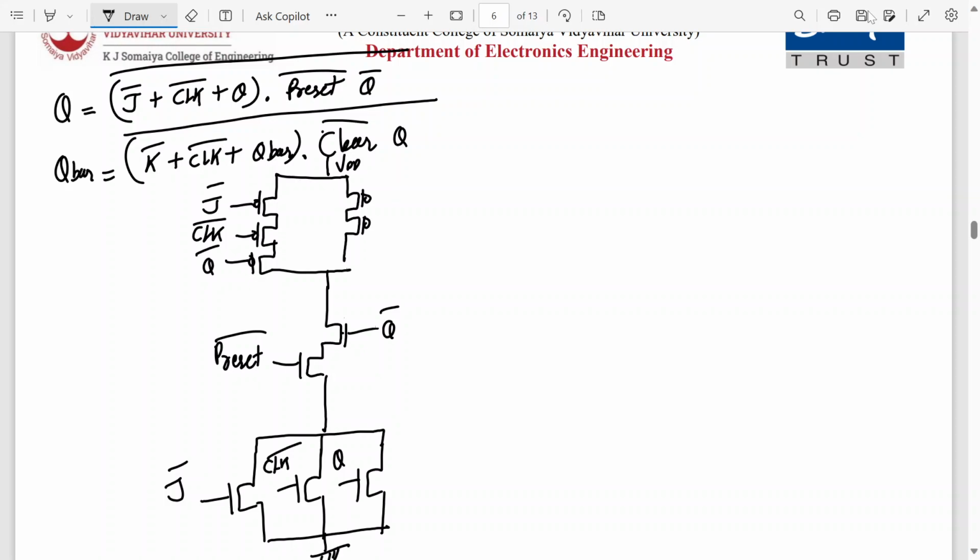Because we have one input with preset bar and one input with Q bar. Alright, so these would be in parallel, preset bar and Q bar. In the PMOS pull-up network, there will be 3 parallel lines, right? Yes, correct. Because they are in series over here, all 3 will be in parallel over there. Thank you for telling me. This will be preset bar and this will be Q bar, right?